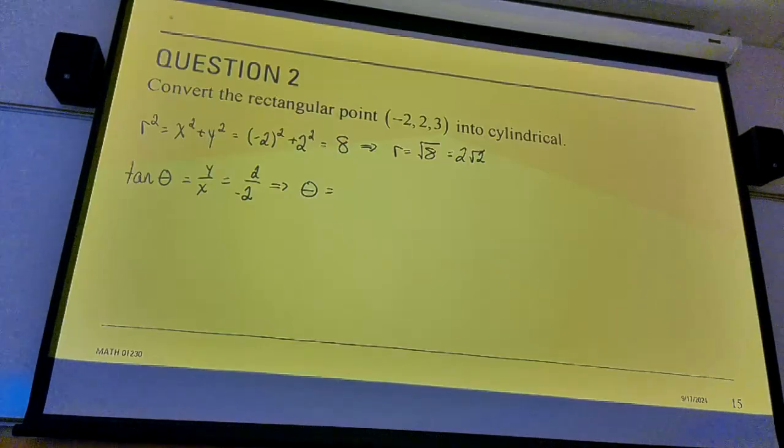The second. Y is positive, x is negative. That's quadrant 2. Which means your angle should be between what values? Pi over 2 and pi.